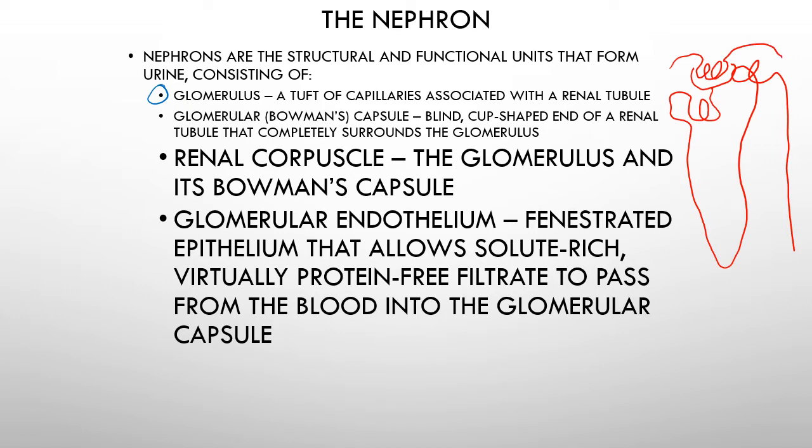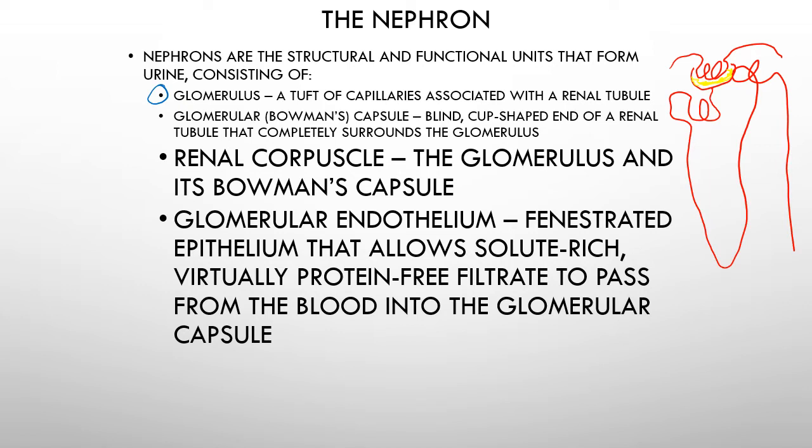And the first portion of filtration occurs here in this Bowman's capsule. And so inside the space that is there, this is the space where we're catching everything that we just filtered out of the blood. And when it comes to the filtration that is occurring here, we have fenestrated capillaries.